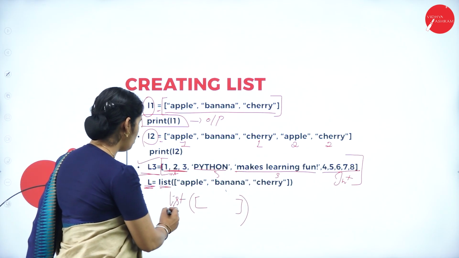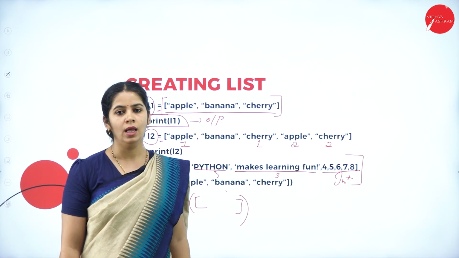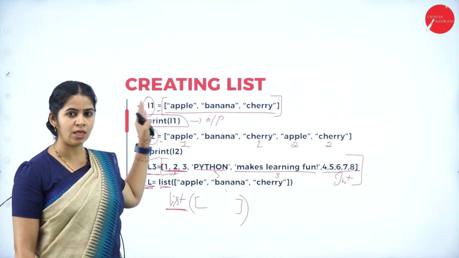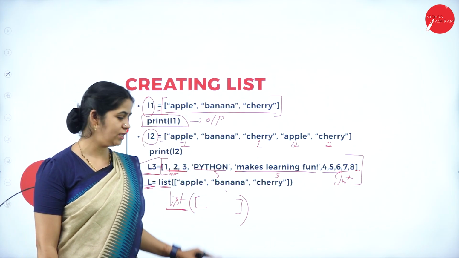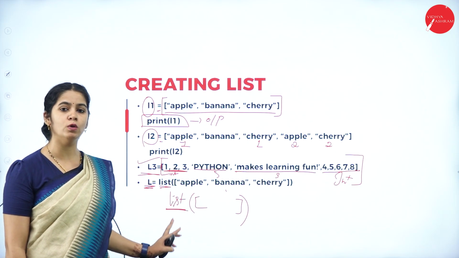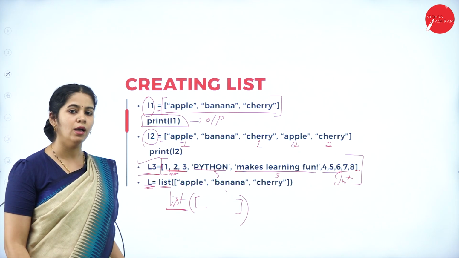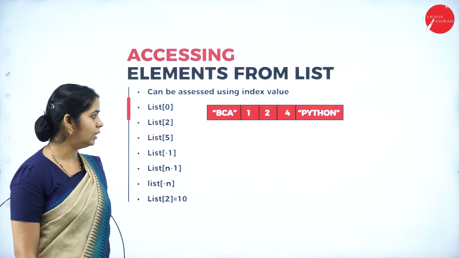So this is one more method, using the list constructor to create the elements of the list. How can we create it? List name, assignment operator and elements of the list. This is one way of creating the list, and the second way is by using the list constructor or list method. By calling the list method, we can create the elements of the list.